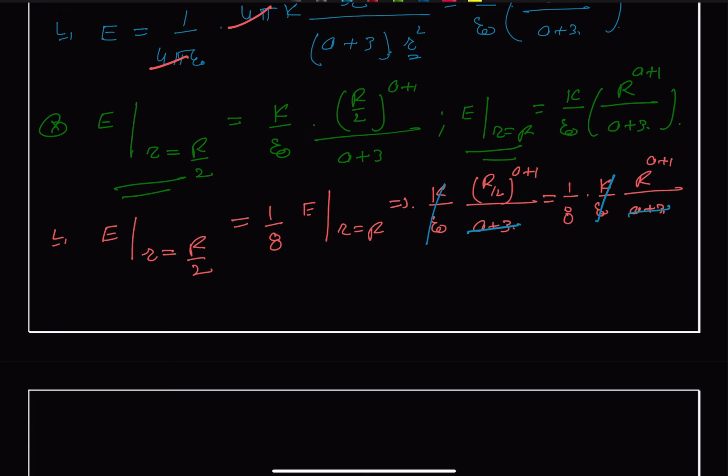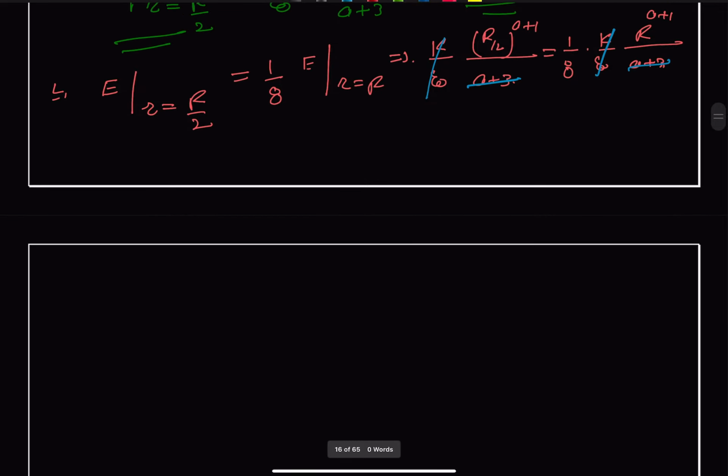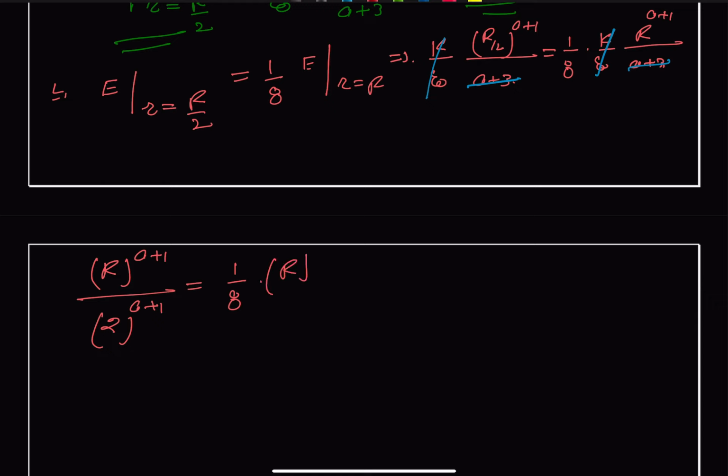This k upon epsilon naught and the (a plus 3) cancel out, so we are left with R to the power (a plus 1) divided by 2 to the power (a plus 1) is equal to 1/8, and we have R to the power (a plus 1), and this also cancels out.